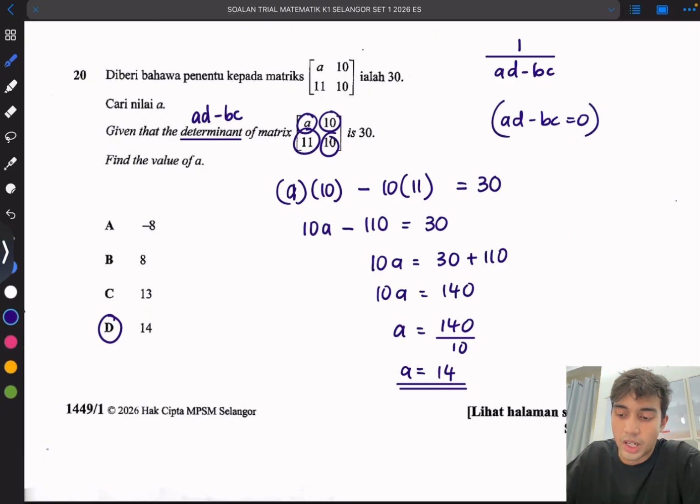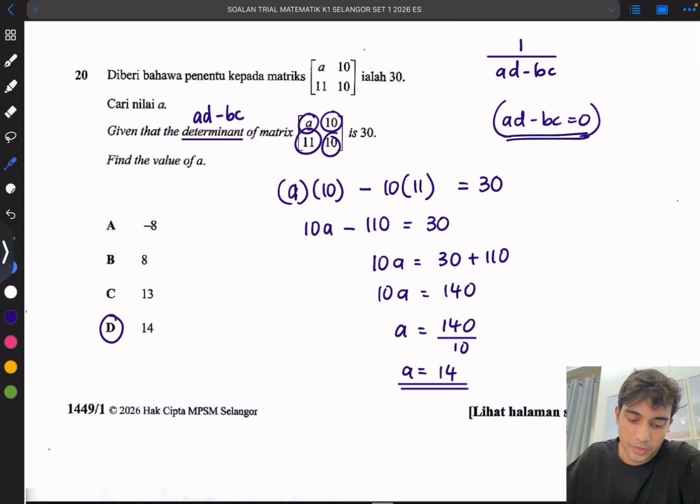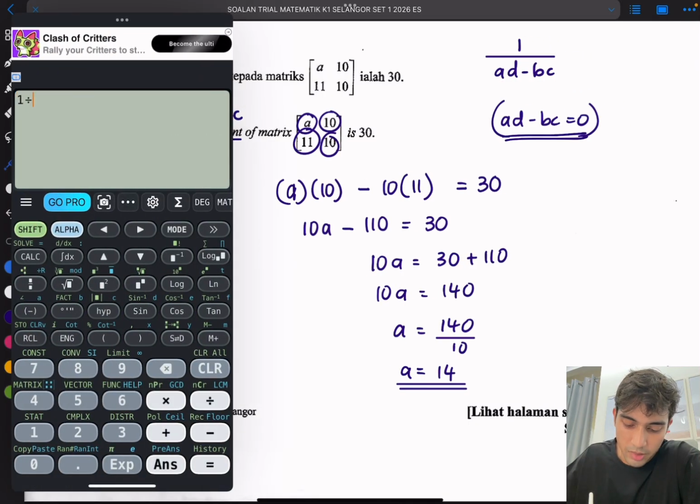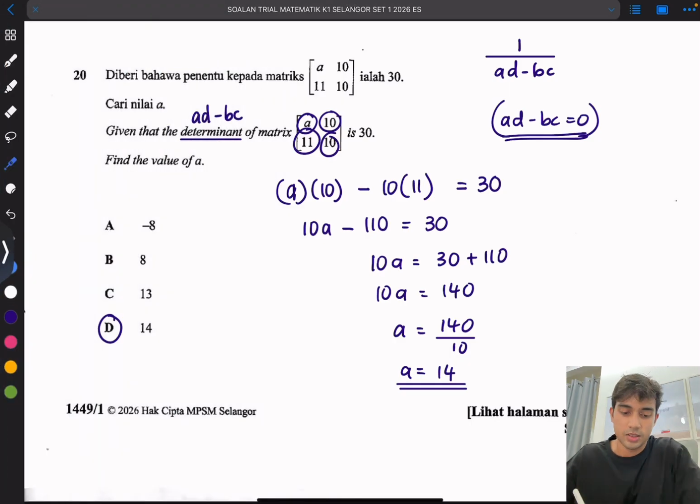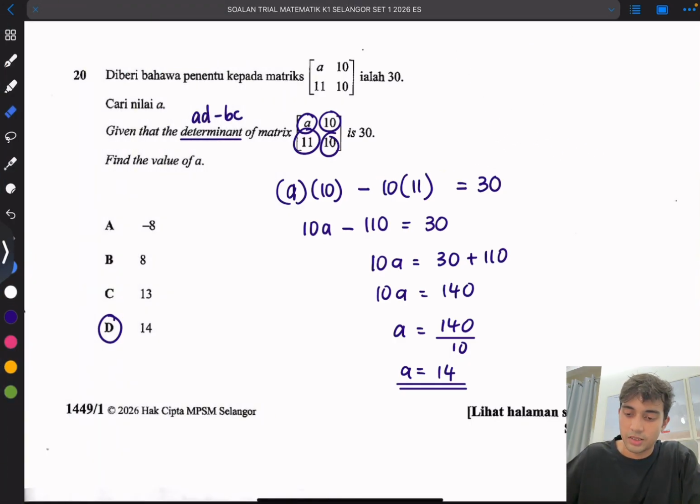The matrix will not have an inverse when AD minus BC is 0, because AD minus BC is your denominator. Denominator cannot be 0. If you do 1 divide 0, you get math error. But this one is not asking you that, just extra information.